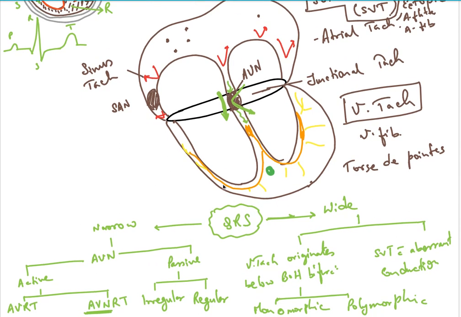Now, if you look over here, I have mentioned that there is another classification which is based on the QRS complex. There is something called a narrow QRS complex, and something called a wide QRS complex. Now if you have developed an idea about QRS, you remember we discussed QRS in the previous lectures?